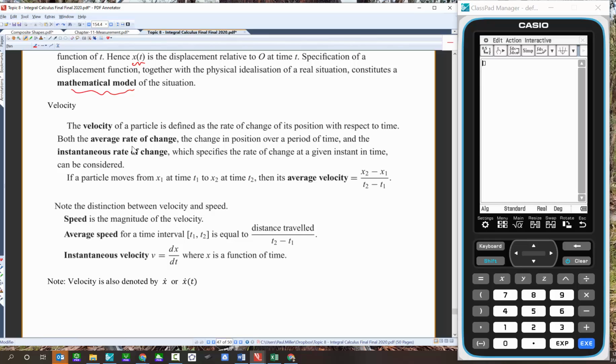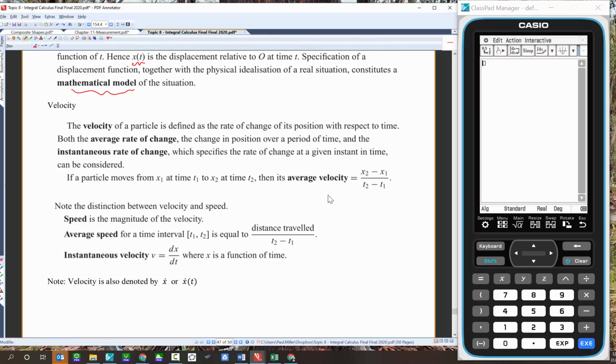Both the average rate of change, the change in position over a period of time, and the instantaneous rate of change, which specifies the rate of change at any given time, can be considered. So there's two things we can look at: the average rate of change in position over time, which is the average velocity, or the instantaneous rate, which gives us the velocity at any given point in time.